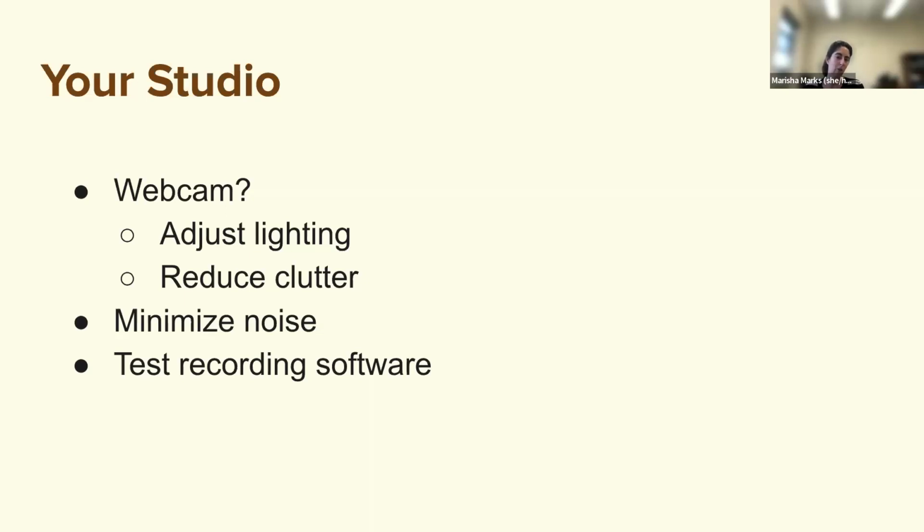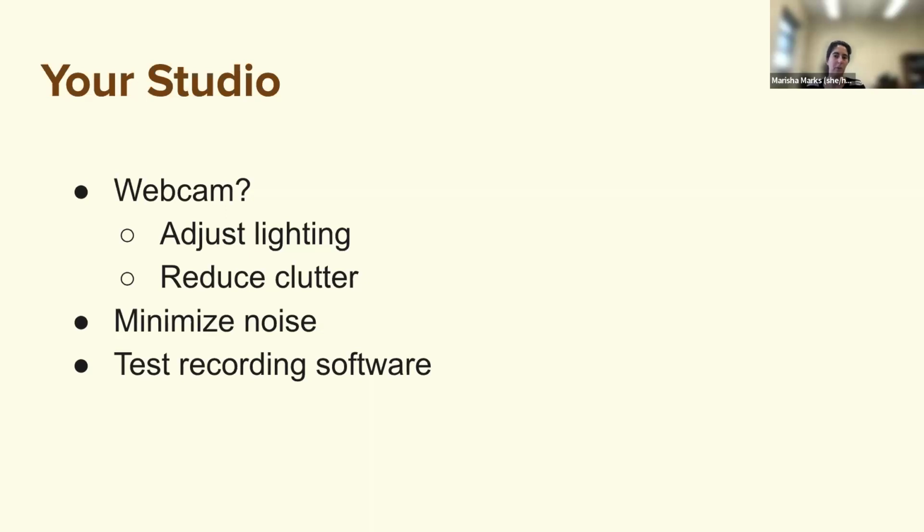Right. So right now you're sitting in a place where the window is behind you, and that's creating a bright spot behind you rather than focusing on your face, which is really where students' focus needs to be because you're the one talking to them.